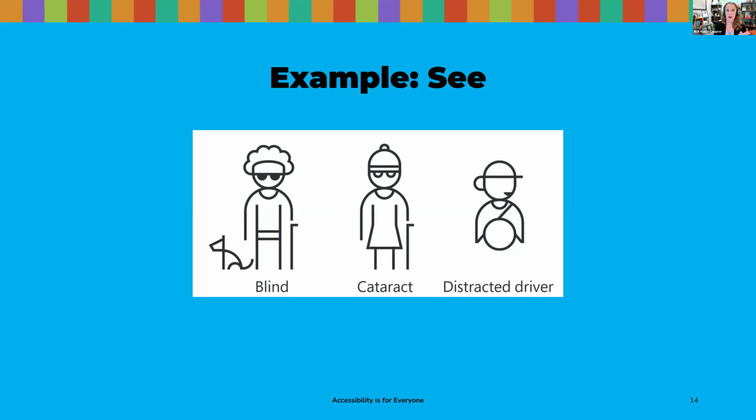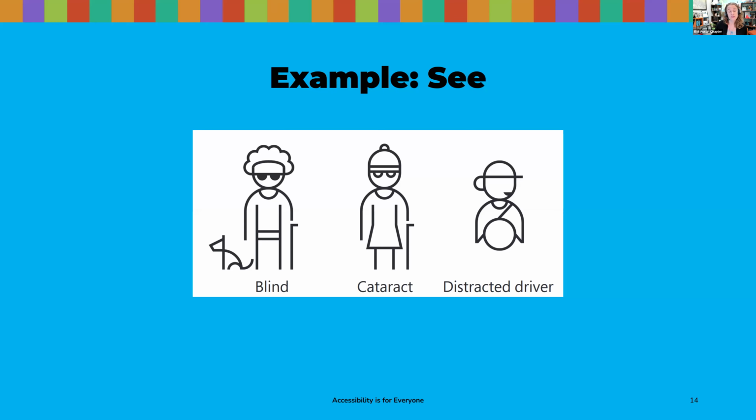Here's another example when it comes to the ability to see. So a permanent disability would be someone who's blind, can't see at all. A temporary disability might be someone who has cataracts, but they haven't been corrected yet. So they have trouble seeing. But that could be something that they resolve later.